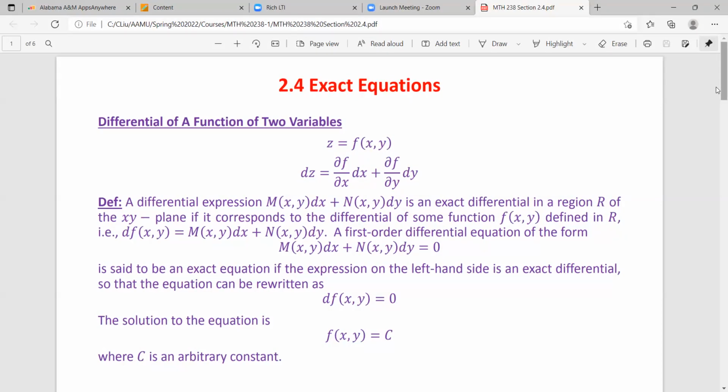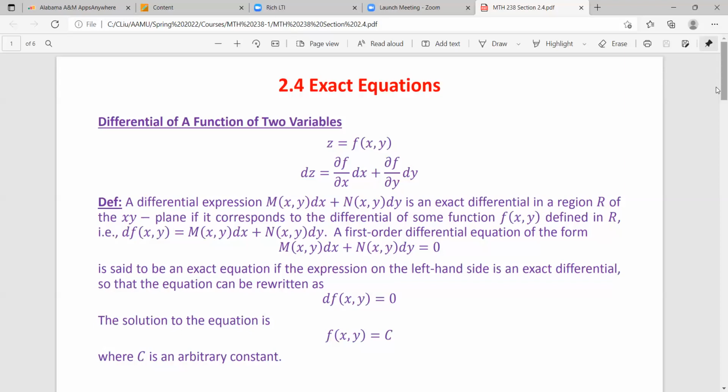So basically, this expression can be rewritten as a differential of f. Okay. This looks a little abstract, but as you see some examples later, we're going to show what it means.